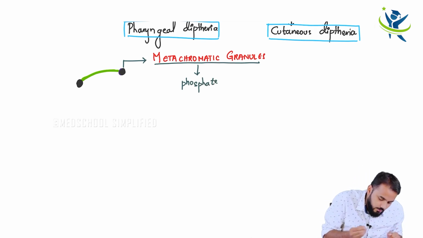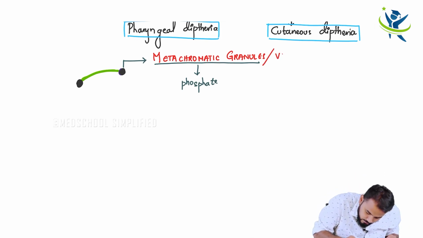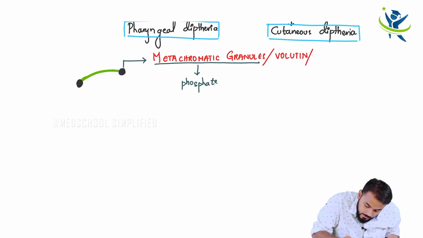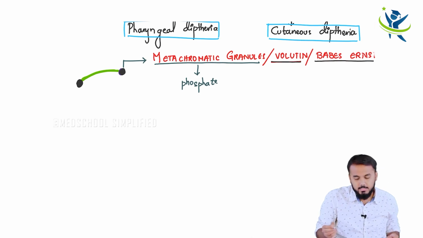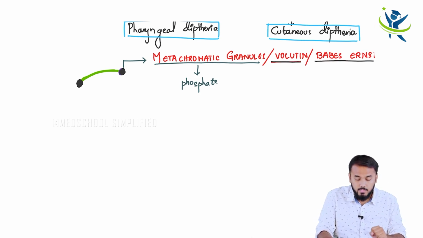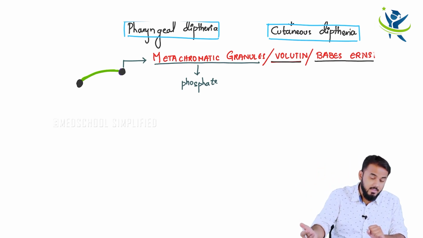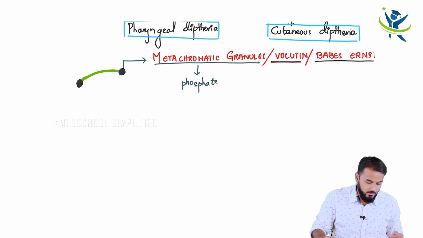Another important thing you need to know is that other names for these metachromatic granules are volutin granules and Babes Ernest granules. Now don't confuse them with Babes Negri bodies. Babes Negri bodies are seen in anthrax, but these are Babes Ernest granules.